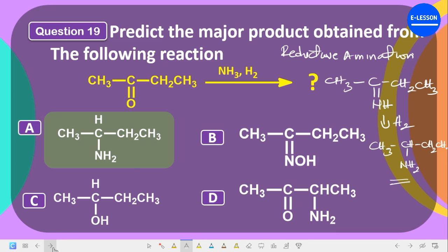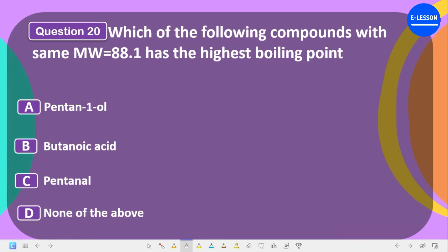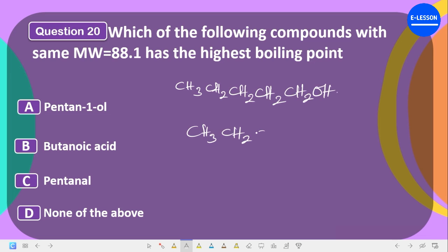Now the next question says, which of the following compounds with the same molecular weight has the highest boiling point? For compounds of the same molecular weight, the one that has the highest boiling point is the one that can have higher hydrogen bonding. If you look at pentanol, pentanol is CH3CH2CH2CH2CH2OH. The next one is CH3CH2CH2C double bond O and OH.